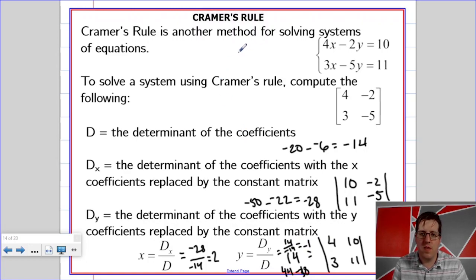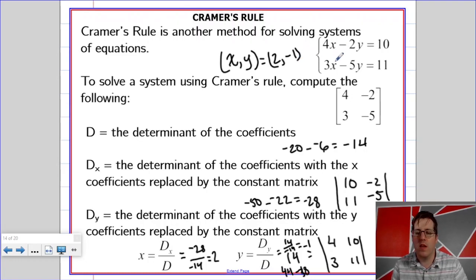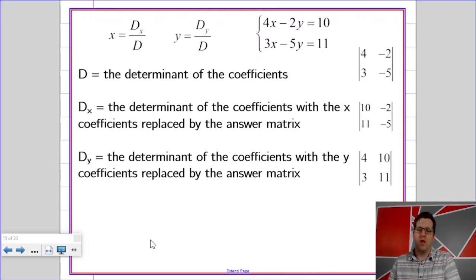So this tells us that our solution is 2, negative 1, which we can see pretty quickly is correct. So this is a really easy way to solve a system of equations.